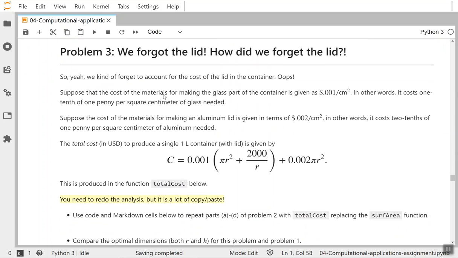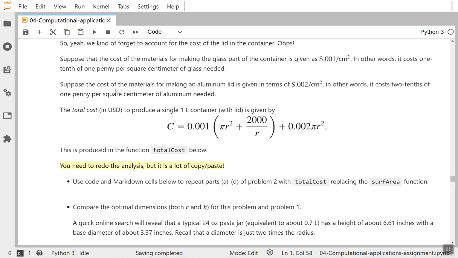Now for problem 3, we realize we forgot the lid. How could we forget the lid? So yeah, we forgot to account for the cost of the lid in the container. Oops. Suppose that the cost of the materials for making the glass part of the container is given as a fraction of a cent, 0.001 dollars per square centimeter.